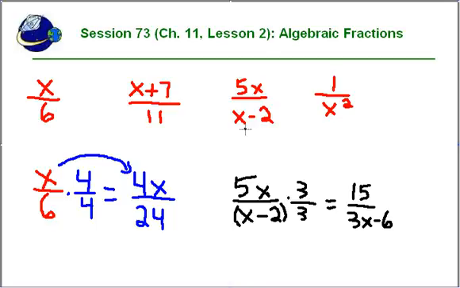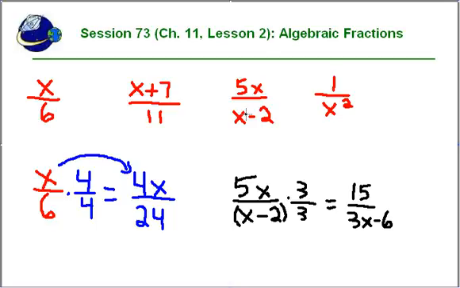What value for x would we have in order for the denominator to be 0? In other words, what number, x, minus 2 equals 0? Well, x would have to equal 2. So if x equals 2, we now have a fraction in which we have 0 in our denominator, and we are not allowed to have that.